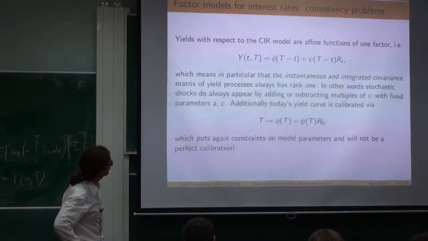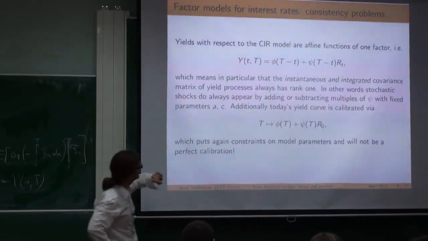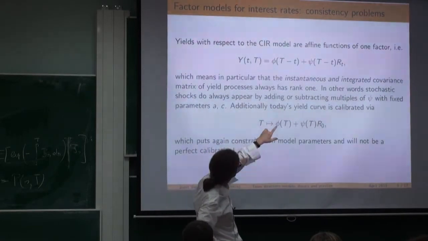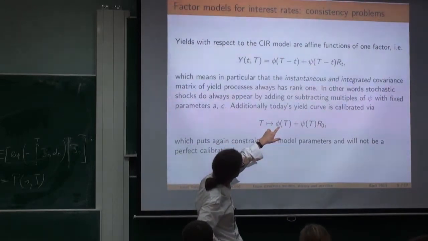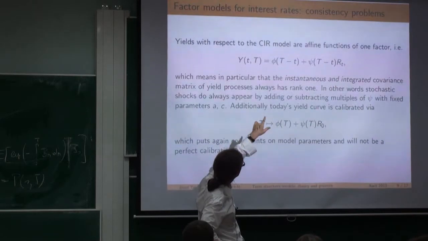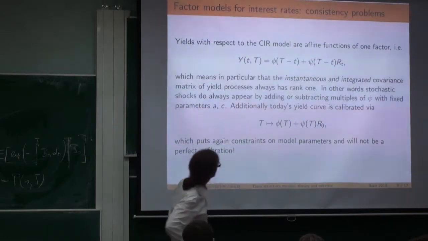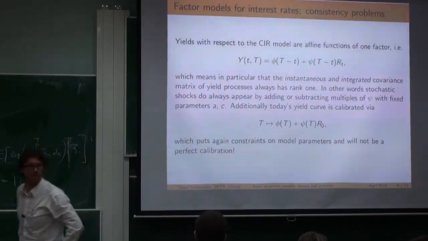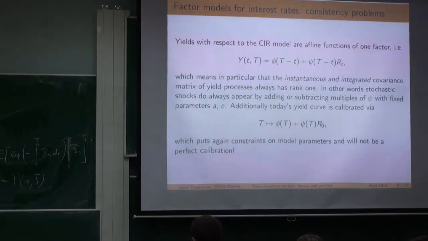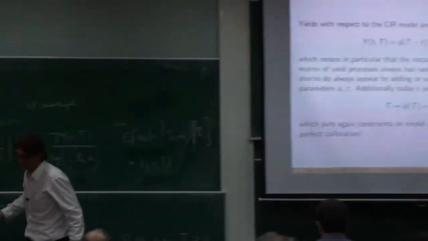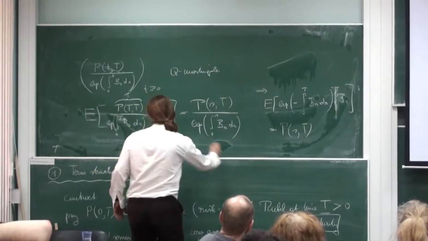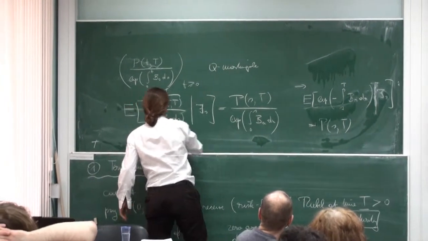So when you take the logarithm of the bond price, you see an affine combination including the process R and two deterministic functions phi and psi. Yeah? The R, it's the same? Yes. Sorry, it should be an R here. The B is the whole guy.